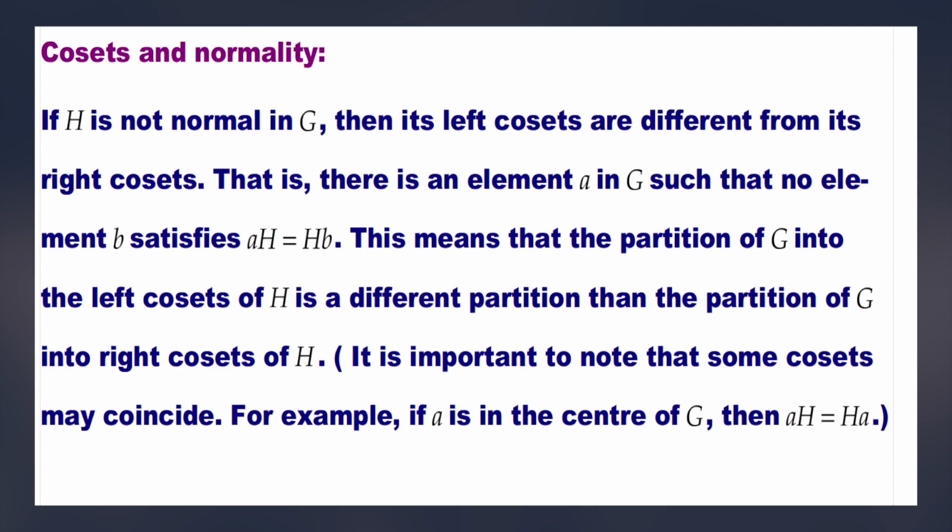This means that the partition of G into the left cosets of H is different from the partition of G into the right cosets of H. It is important to note that some cosets may coincide.